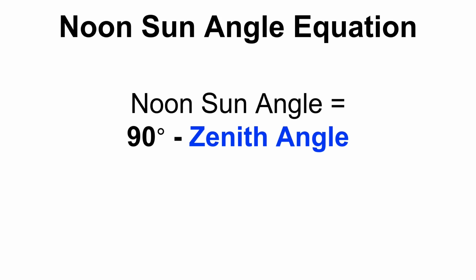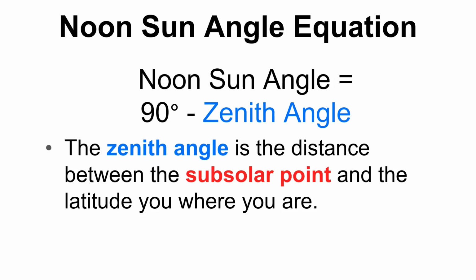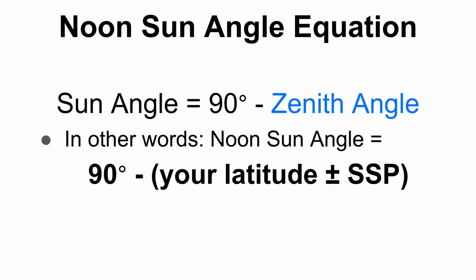The zenith angle is the number of degrees between the subsolar point and your latitude, so it's just the number of degrees between 2 locations. In other words, the noon sun angle equals 90 degrees minus the difference between your latitude and the subsolar point.